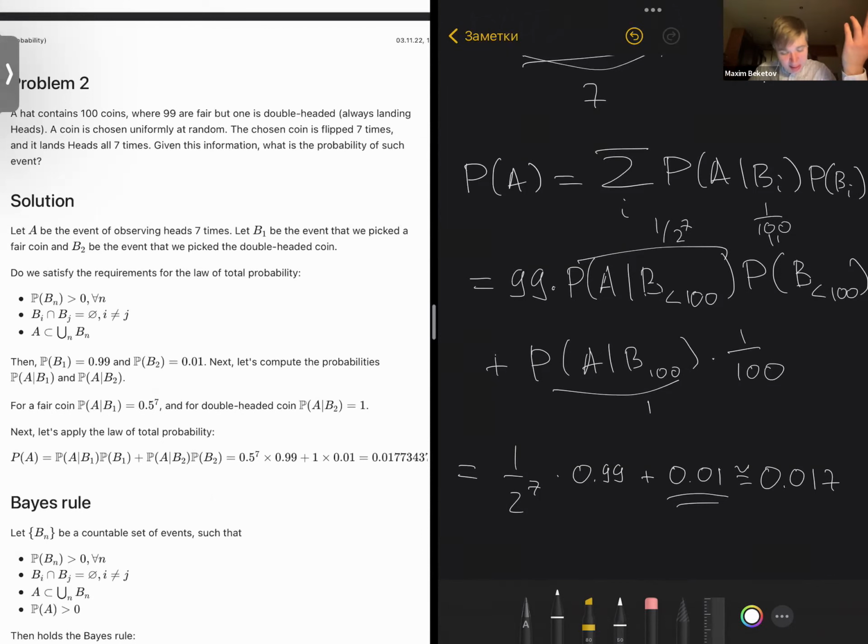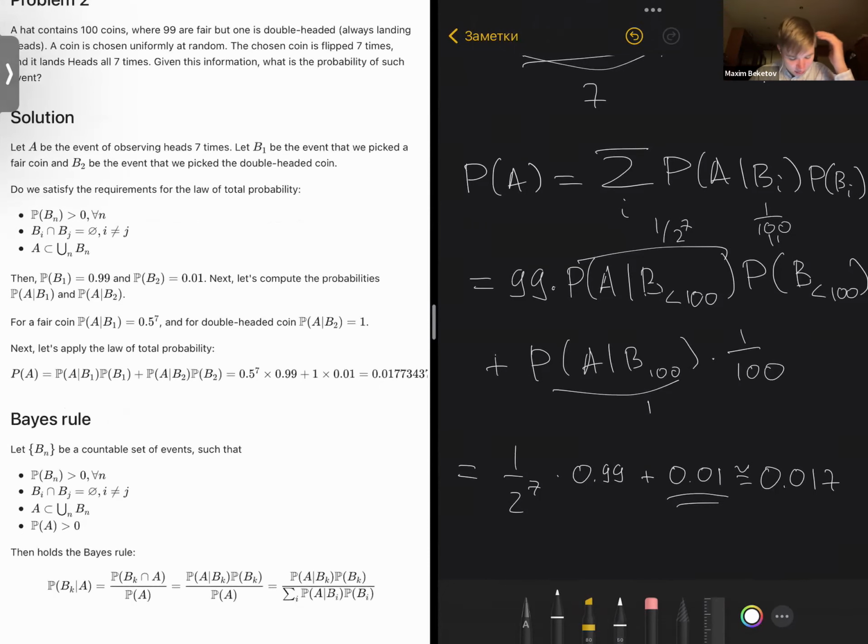Yeah, it's vice versa. It's almost as likely to see 7 heads as it is that it was the fake coin that we picked, which happens with probability 1/100.